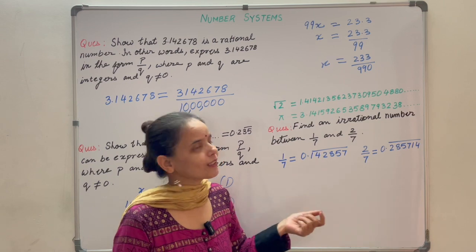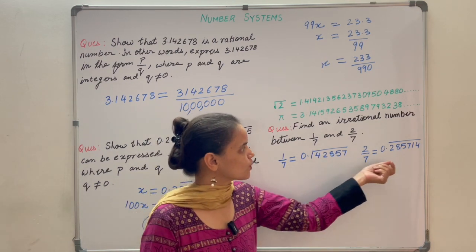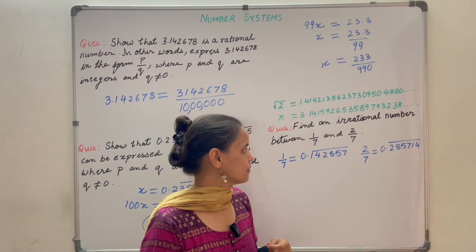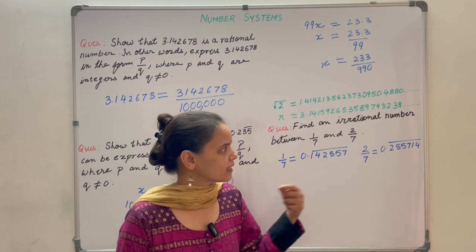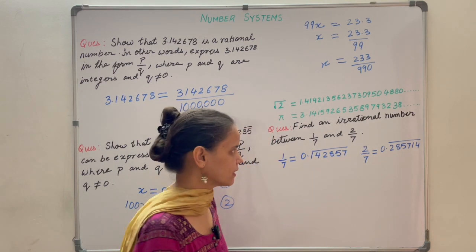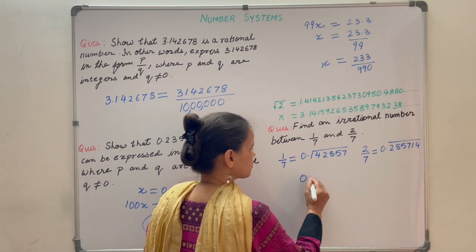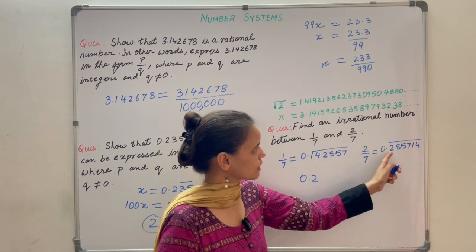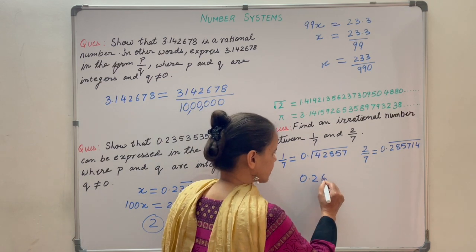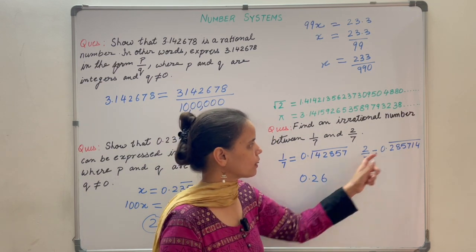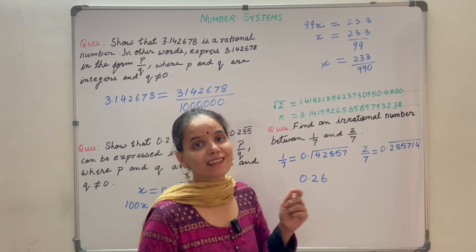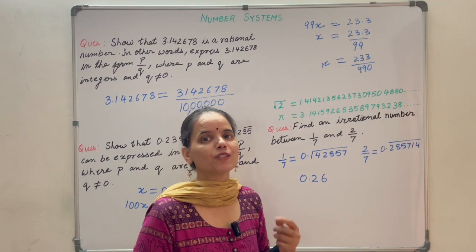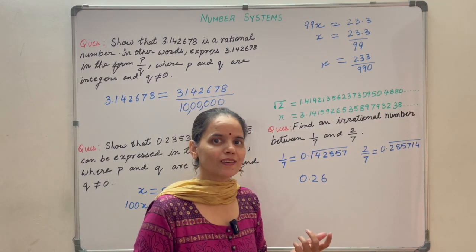So you have to write an irrational number between these two rational numbers. That means it should be greater than this and smaller than this. So 0.2, you can clearly see that this is greater than this, but this looks like equal. But if I put here 6, then this is smaller than this. So you need an irrational number, that means it has to be non-terminating, non-repeating.